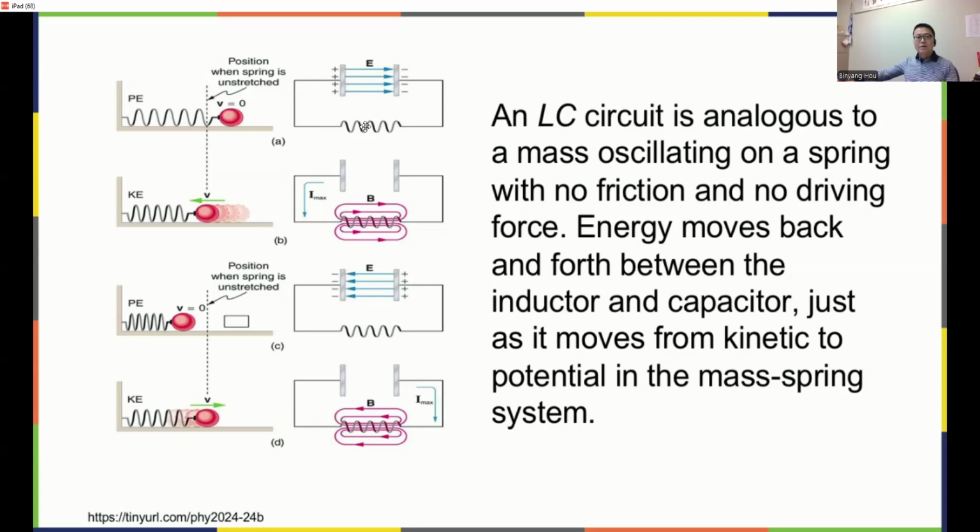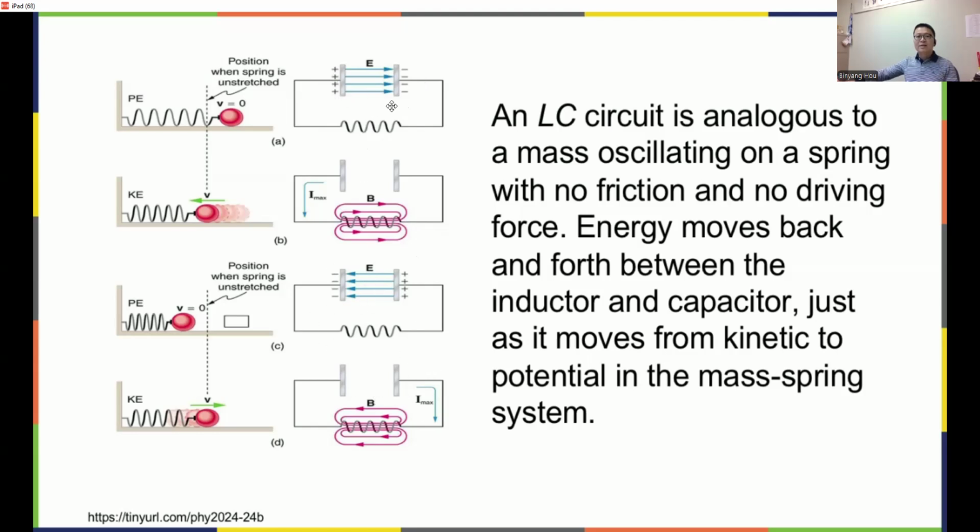Then you'll have a magnetic field pick up here, and once all the charge is discharged here, you will have maximum current on this guy. The current will keep flowing, then this side will become positively charged and this side negatively charged. So you're building up energy in the electric field form, and so on and so forth, going back and forth.